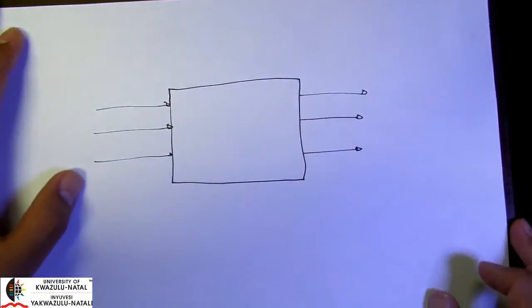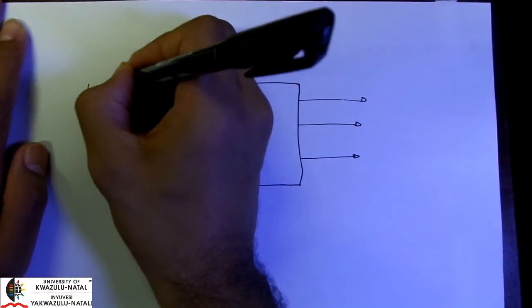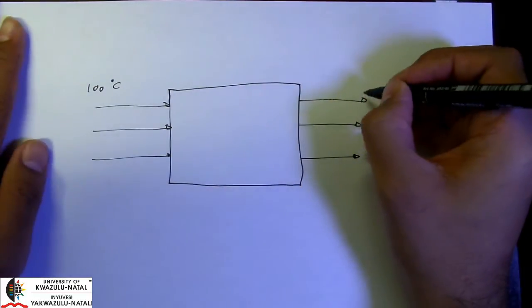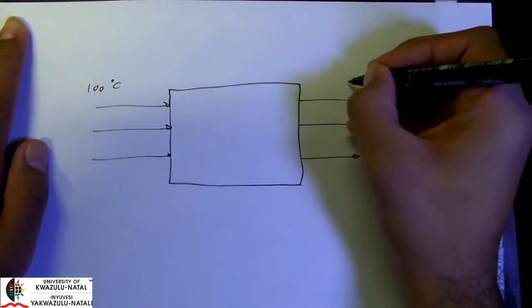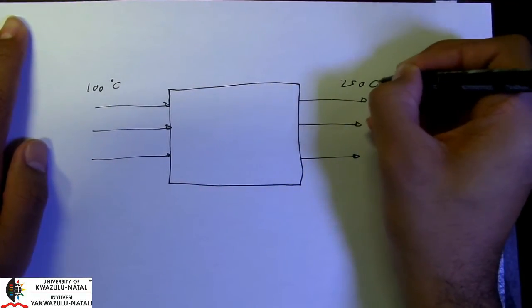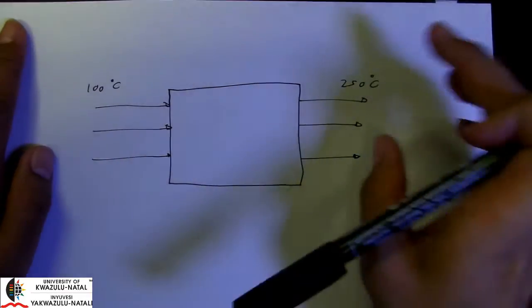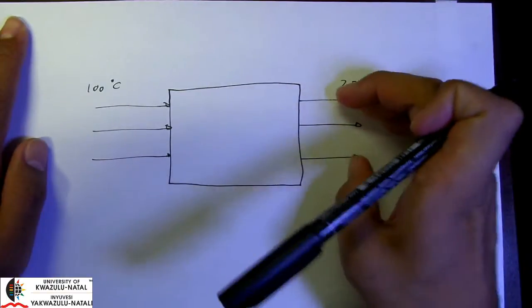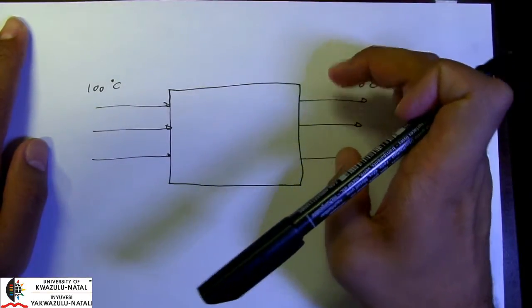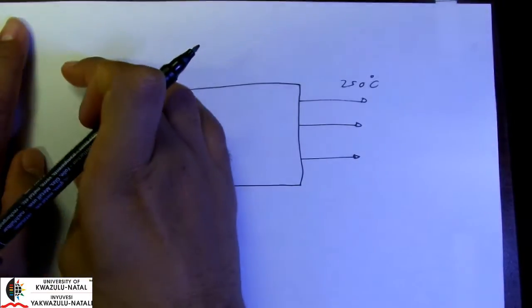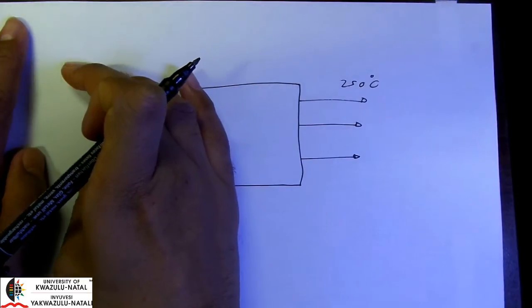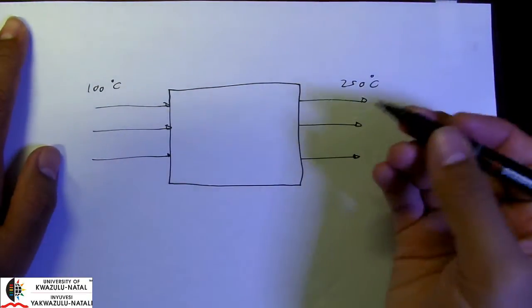Okay, and let's say my streams are at 100 degrees Celsius for the inputs, and the output is perhaps 250 degrees. Now the total difference in enthalpy of the output and the input is of course my energy balance.